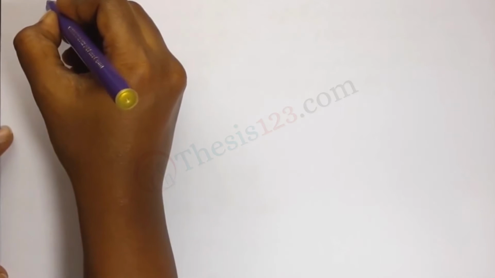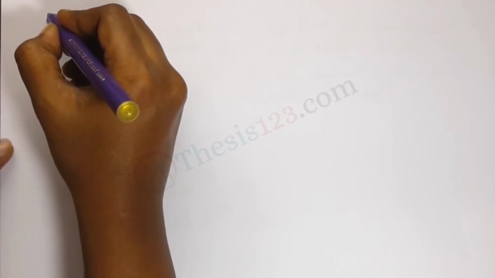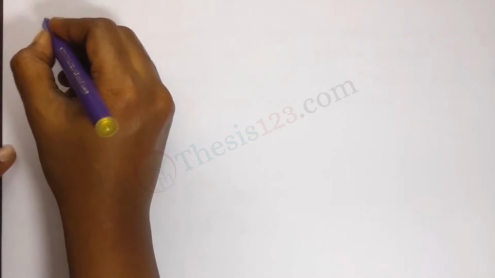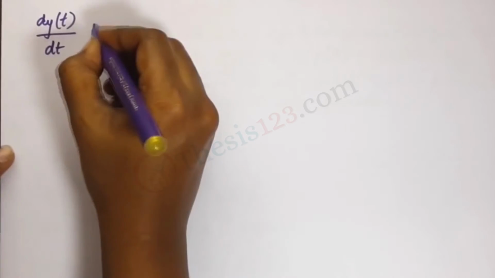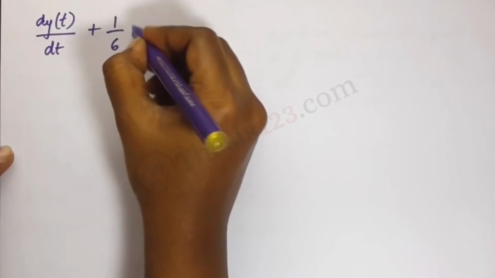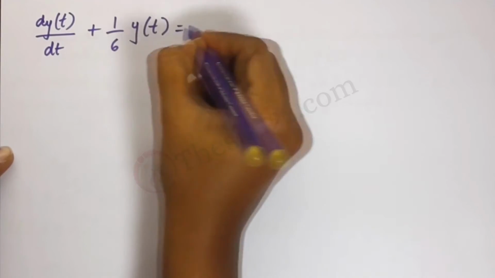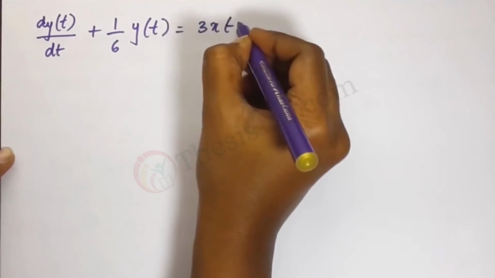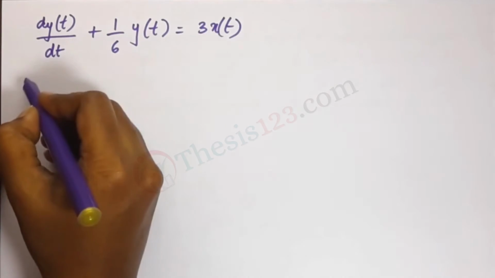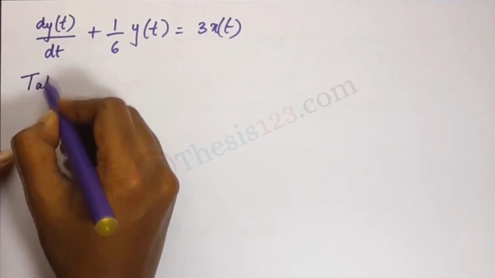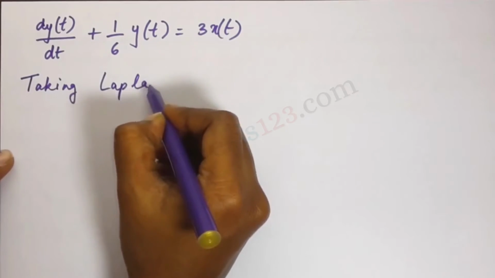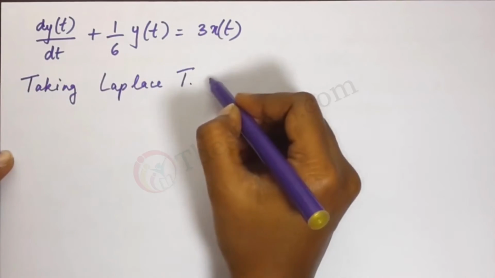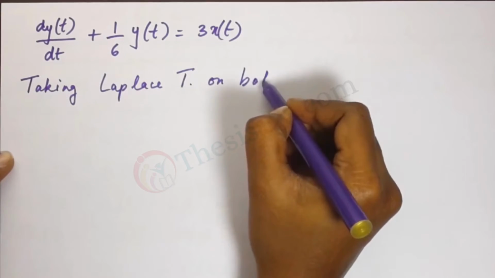Alright, so we have our equation. Let's start with the equation given to us. dy of t/dt plus 1/6 y of t is equal to 3x of t. So let's take Laplace transforms on both sides.